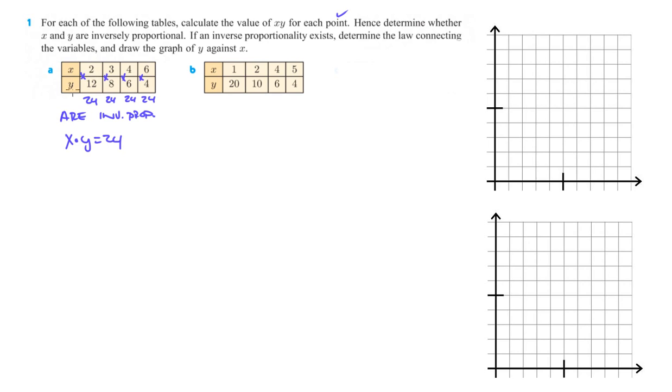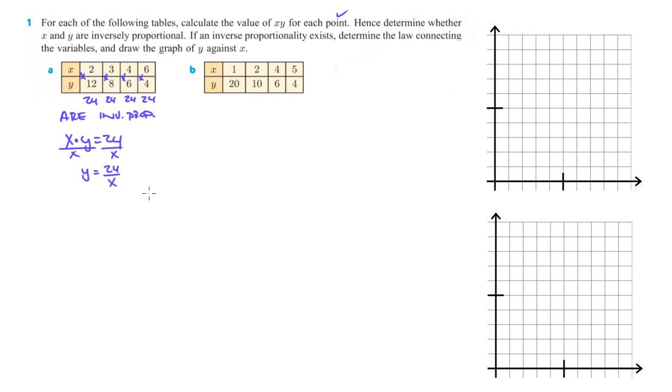Because 2 times 12 is 24. x times y is 24. There's our law. If we want to graph it, we want to get y by itself.